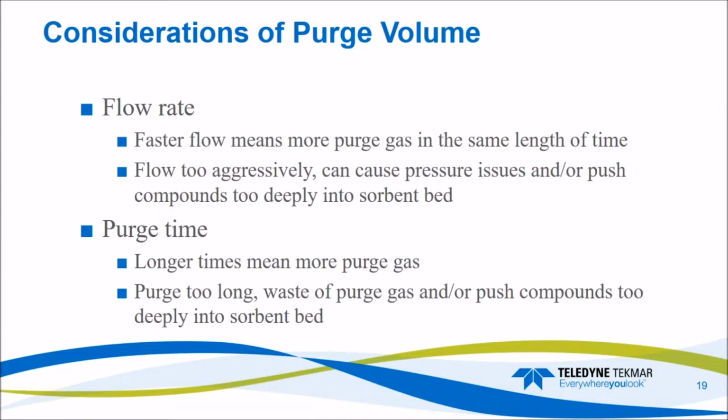We also want to look at purge time. The longer we are purging, the more purge gas we are using, and if we purge for too long, it can waste a lot of gas and push our compounds of interest deep into the sorbent bed of the trap also.